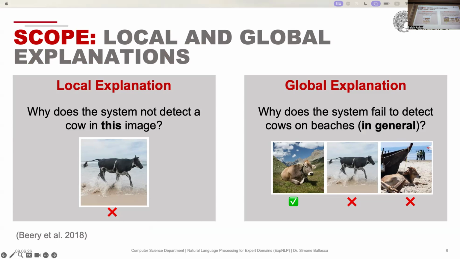But this is one example, so the explanation behind it is just a local explanation. But sometimes the model makes the same mistake repeatedly. For example, a model can be fooled by every cow that is on the beach, and it classifies incorrectly. And so this we call global explanation.